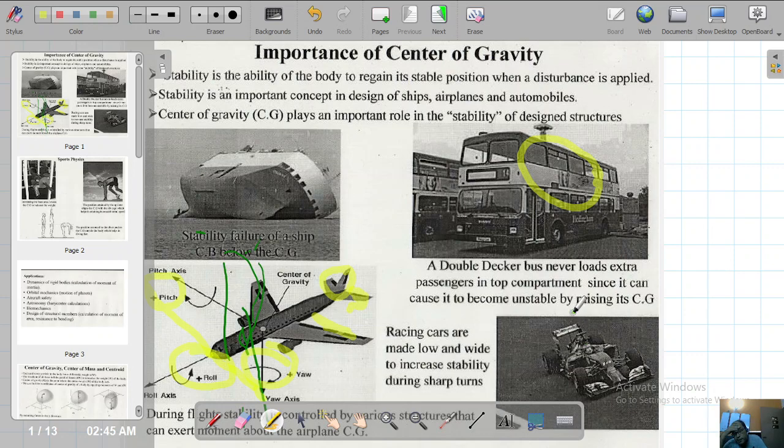Another thing is that racing cars are very flat, and their base is very close to the ground.